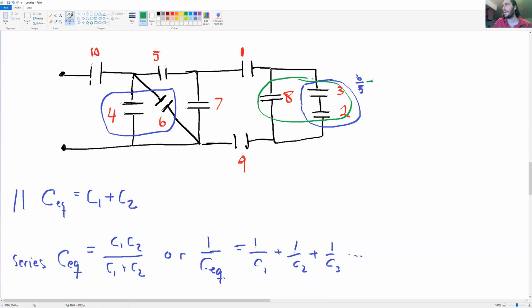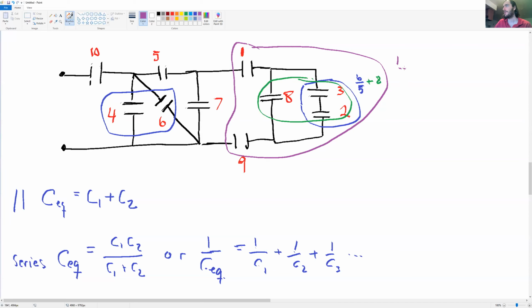So I'm going to add in 8. Now we have to combine these two with this one. So that gives us 46 over 5.